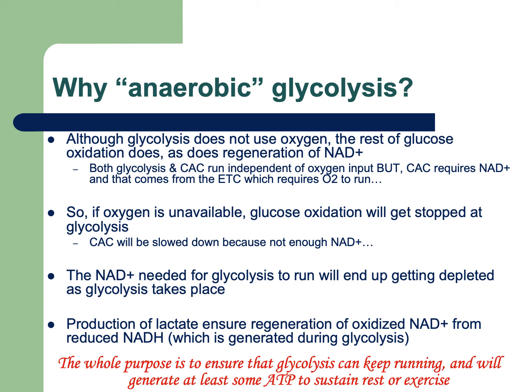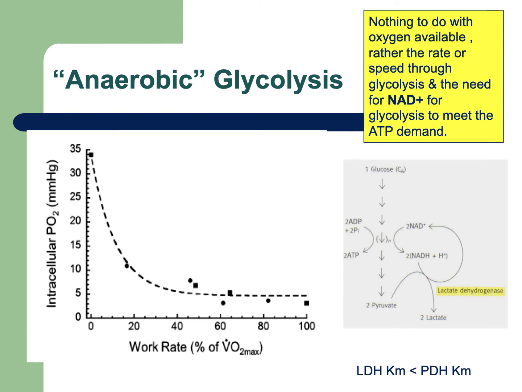The NAD needed for glycolysis to run will end up getting depleted as glycolysis takes place. And as such, the production of lactate ensures regeneration of oxidized NAD from reduced NADH, which is generated during glycolysis. So the whole process is to ensure that glycolysis can keep running and will generate at least some ATP to sustain rest or exercise.